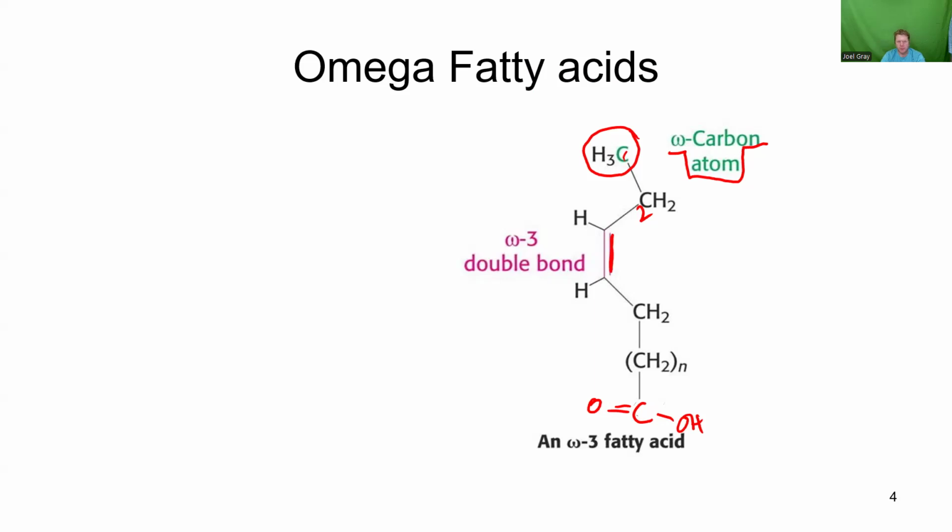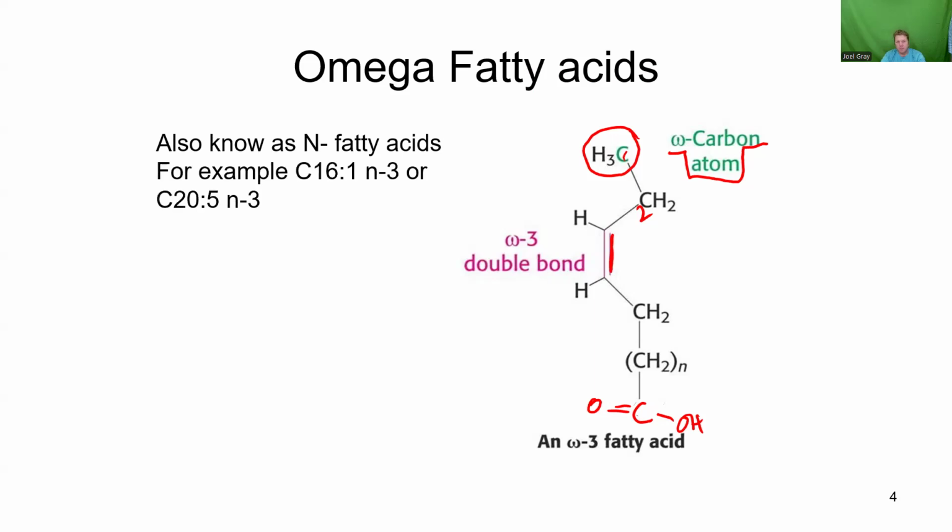I'm going to draw a couple of these in just a minute because I think it's more clear whenever we draw them. Like I said, they're also known as N fatty acids. For example, C16:1 N minus 3 is an example of a 16 carbon long fatty acid with a single double bond, and that double bond is found 3 from the end carbon.